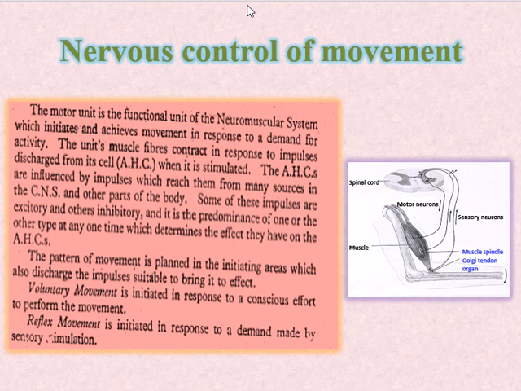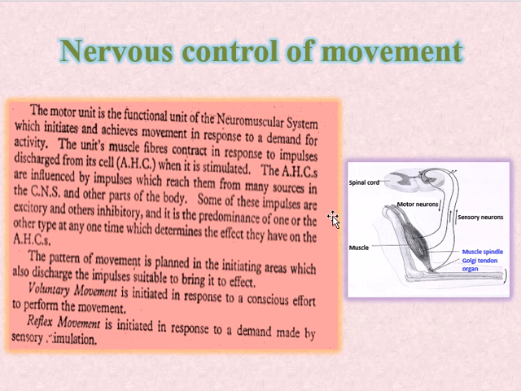Now, control of the movement. Motor unit is the functional unit of the neuromuscular system which initiates and achieves movement in response to the demand for activity. The unit's muscle fibers contract in response to the impulses discharged from its cells when it is stimulated. Anterior horn cells are influenced by the impulses which reach them from many sources in the CNS and other parts of the body.